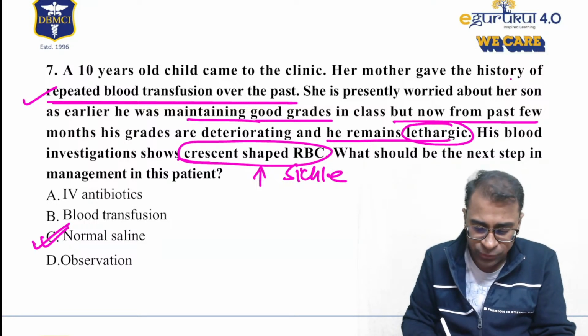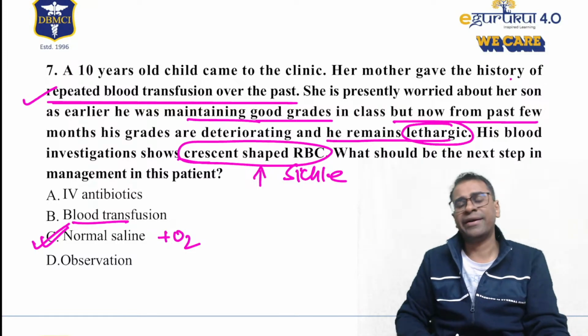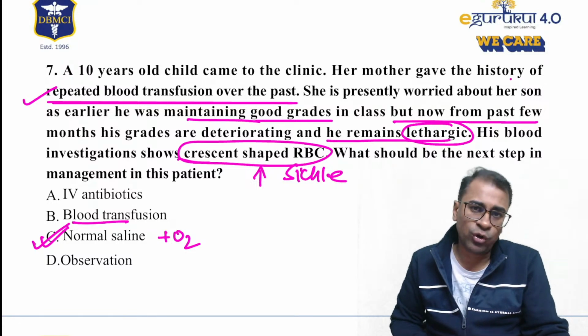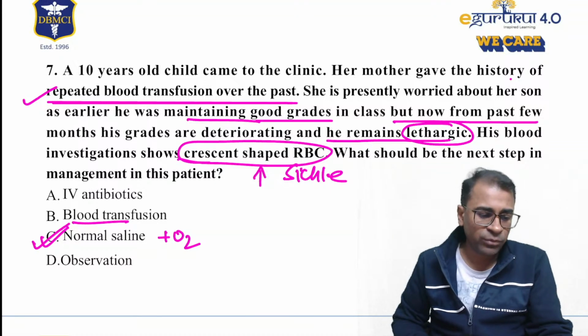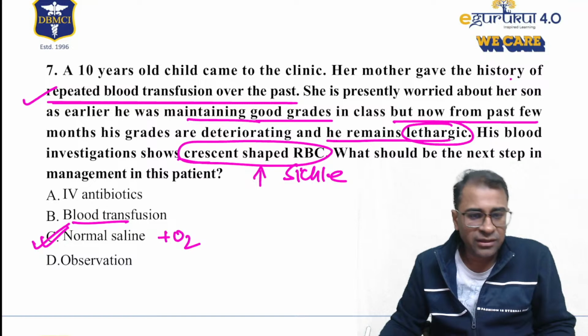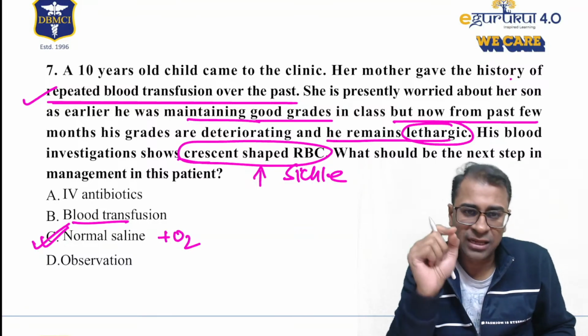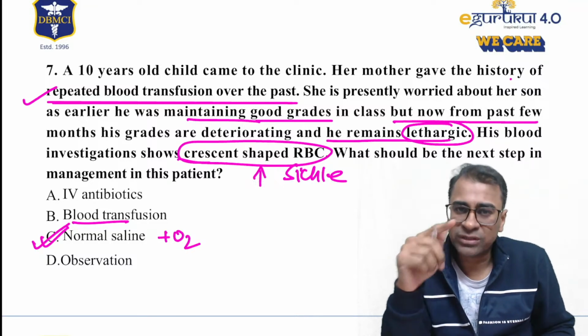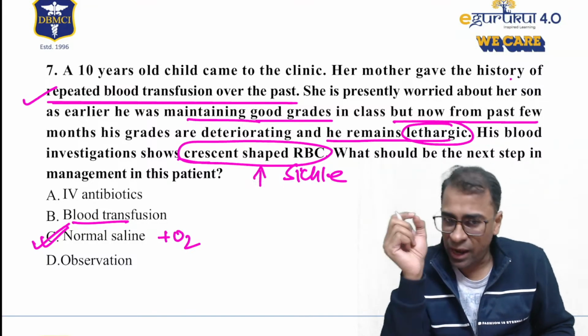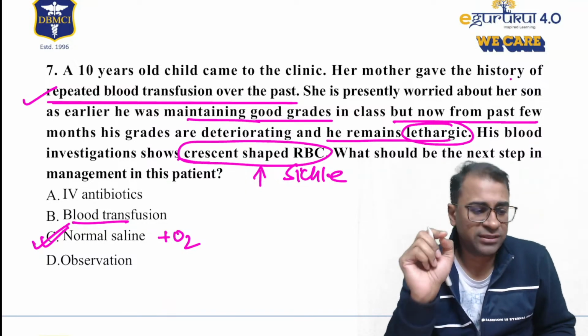If not in the options, then you can also give oxygenation. Blood transfusion is not usually required in the management of sickle cell anemia; it is only to maintain the hemoglobin. So remember, if the question is about sickle cell anemia and you're asked the next step, your answer should always be normal saline and oxygenation. Do not forget this.